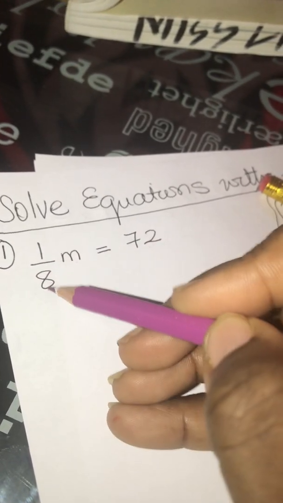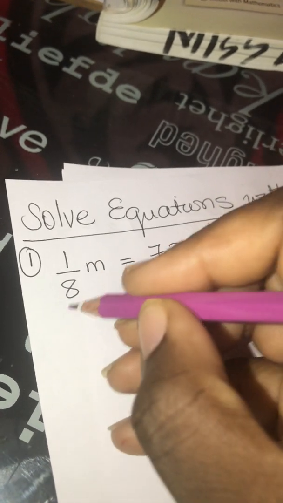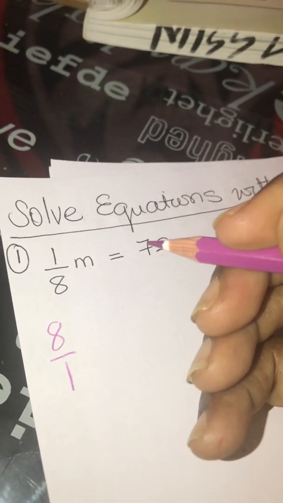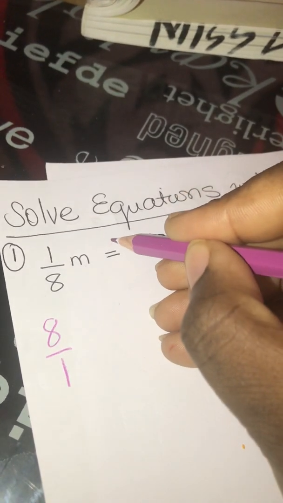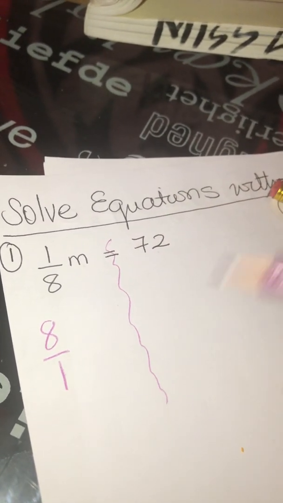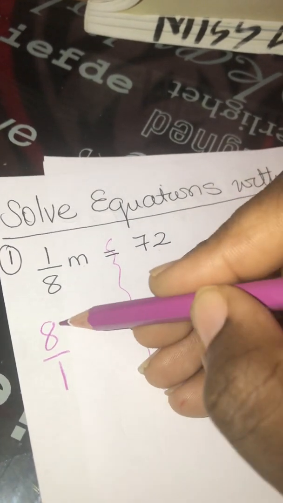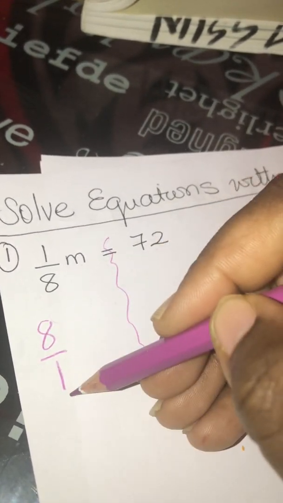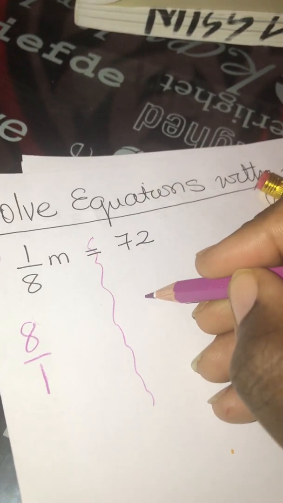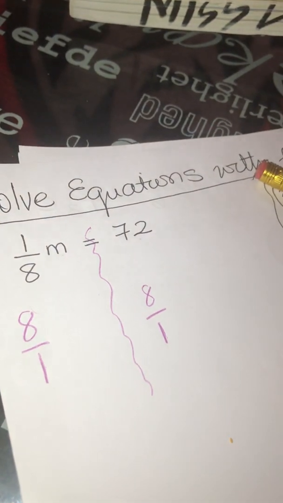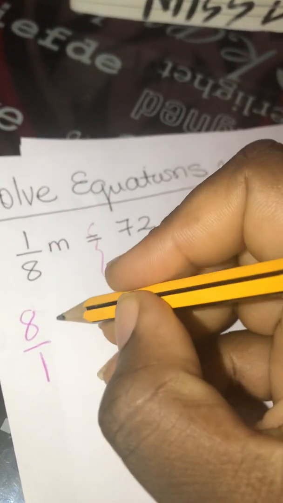So I'm going to start by writing the multiplicative inverse of my coefficient, which is 8/1. And then I have to write my bridge. And then whatever I have written as the multiplicative inverse, I have to repeat on this side of the bridge. And then I just bring down my question.